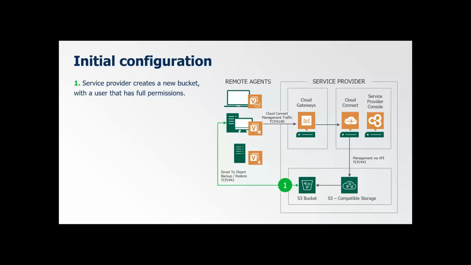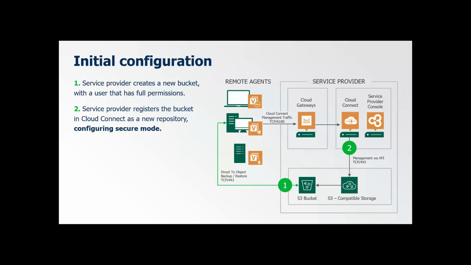What do we do here? So the service provider creates the new bucket with the user that has full permission. You will receive the access key and the secret key pair, and those are the credentials that are registered into the Veeam server to connect to the object storage and register the bucket as a new repository.